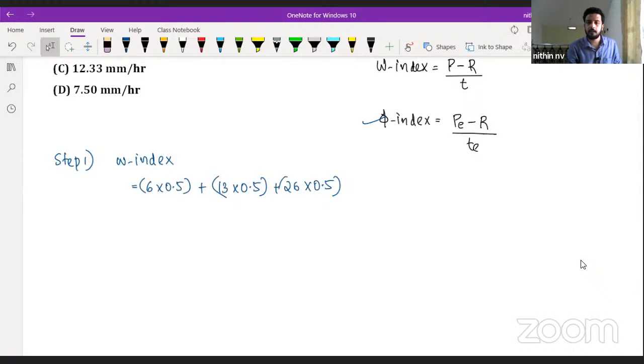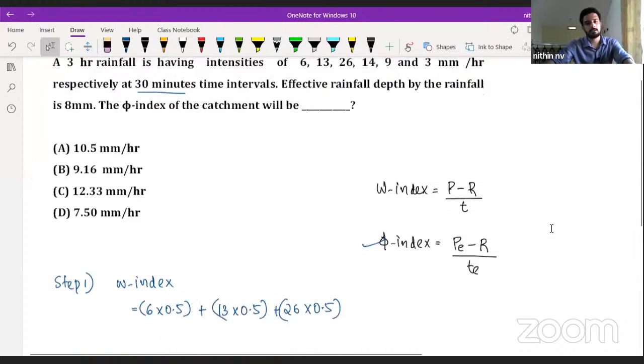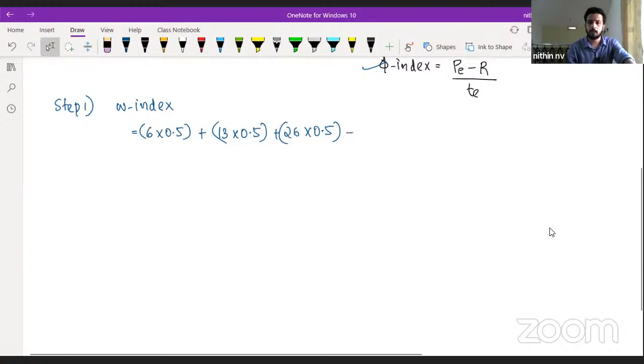You can simply take 6 plus 13 plus 26 plus 14 plus 9 plus 3, then take the 0.5 outside. For your understanding, I'm writing everything. We have 3 also. That's it. So 1, 2, 3, 4, 5, 6.